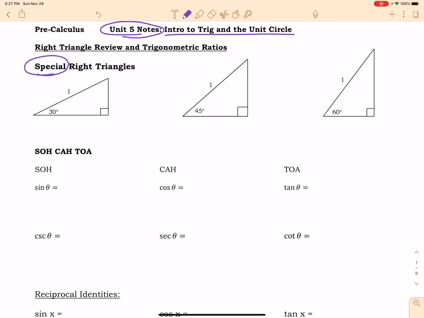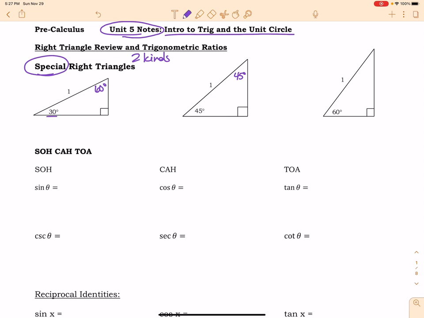Now, I already did a video on right triangle review, but now we're going to get more specific and talk about special right triangles. There are two kinds. One kind has a 30-degree angle and a 60-degree angle, and the other kind has two 45-degree angles. So we're going to just talk a little bit about these.